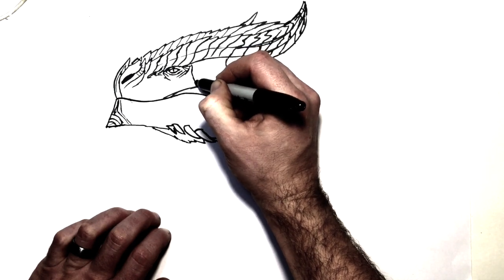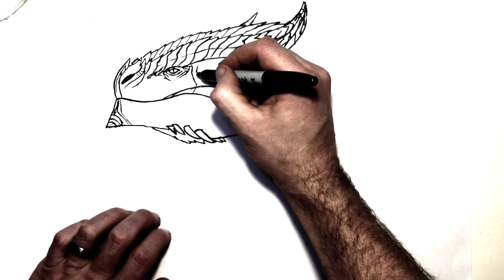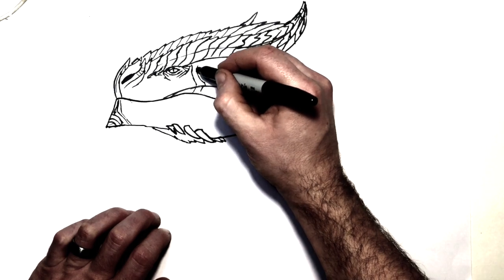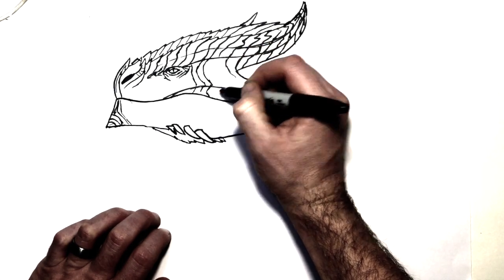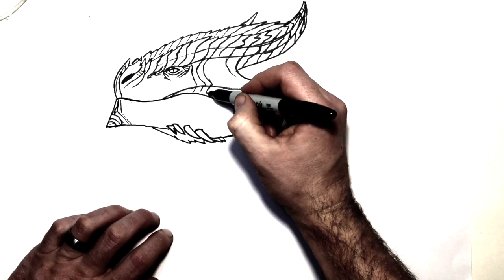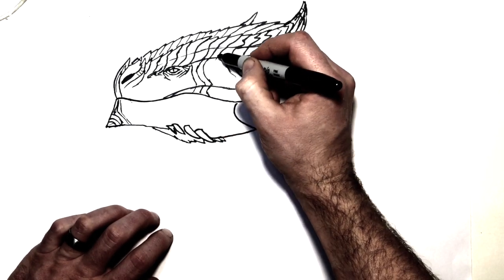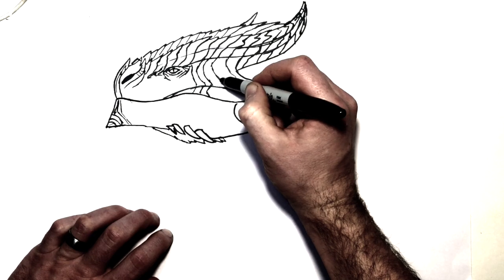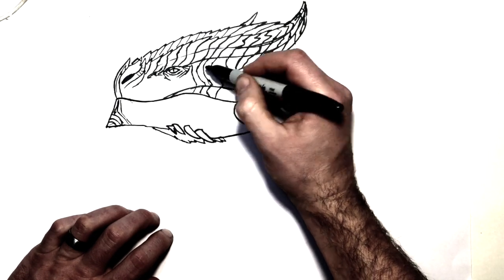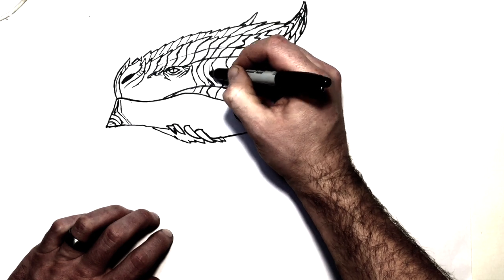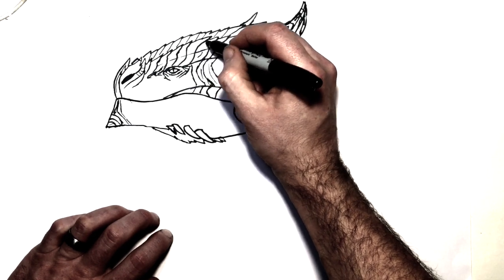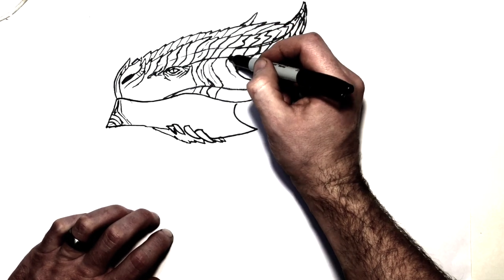And then these will start to come down this way. So sort of armor lines that go down his face. And you can add some lines for texture if you wanted.